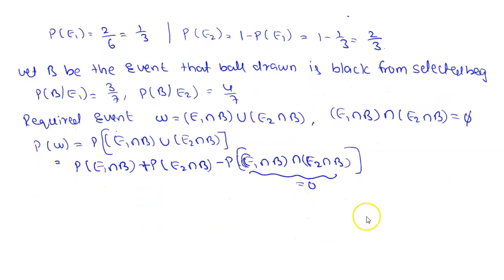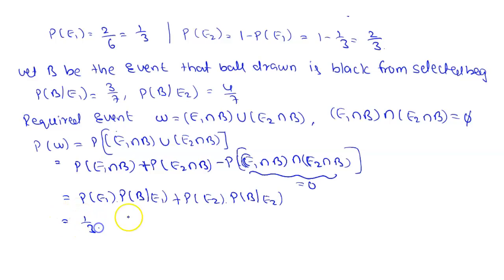So this is equal to, by multiplication theorem, P of E1 into P of B divides E1 plus P of E2 into P of B divides E2. That is P of E1, nothing but 1 by 3, into 3 by 7, plus P of E2, that is 2 by 3, and P of B by E2 is 4 by 7.